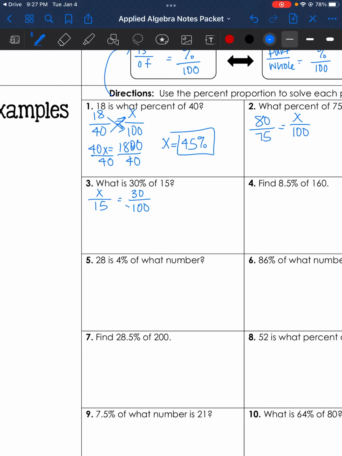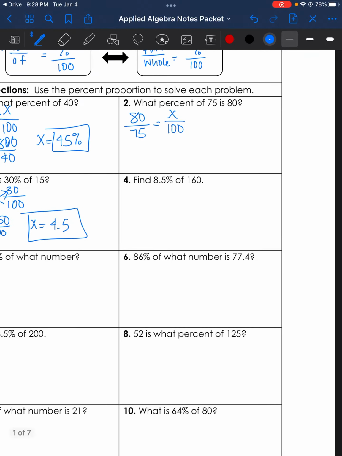So here we're going to cross multiply again. 1x times 100 is 100x. That's equal to 15 times 30, which is 450. We're solving for x here. We're going to divide by 100, and then we get x equals 4.5. So 4.5 is 30% of 15.